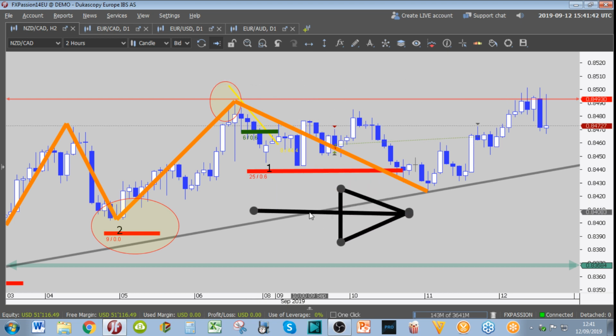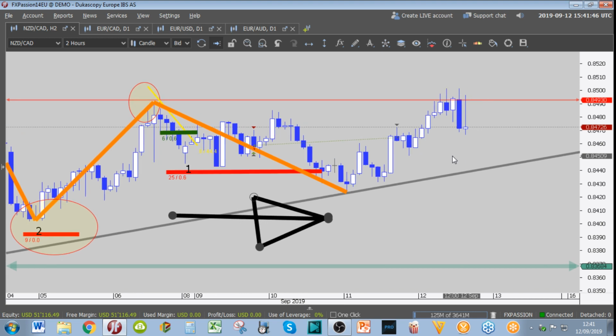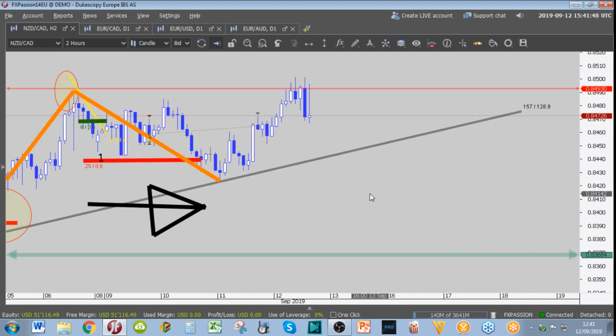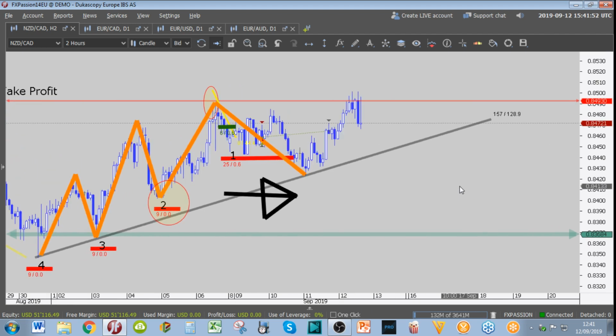Okay. So we are here right now. Remember, the market can do anything it wants, when it wants, for how long it wants. Now, why is it falling right now? Hit resistance again, right?